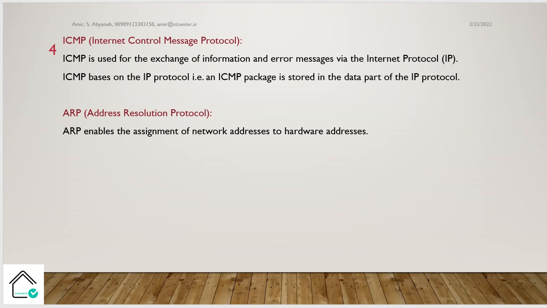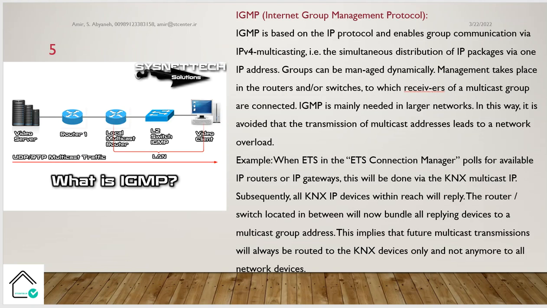ICMP, Internet Control Message Protocol, is used for the exchange of information and error messages via the Internet Protocol. And ARP, Address Resolution Protocol, enables the assignment of network addresses to hardware addresses.